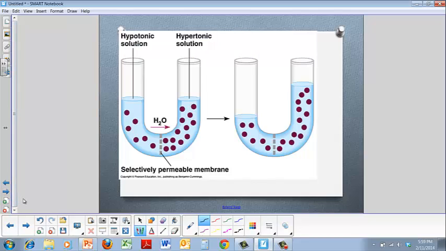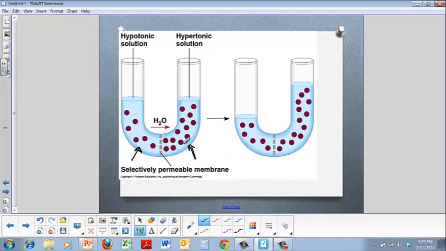Now, we can actually see this, and the reason we're going to talk about this is, again, because the plasma membrane will prevent most solutes from diffusing in and out of the cell. So the concentration of solutes doesn't really affect the permeability of the plasma membrane, but it will affect the movement of water. Here we can actually demonstrate this; it's an experiment that was performed in a laboratory. On one side we have a highly concentrated solution, and on the left side, a lower concentrated solution. Now we have something to compare it to.